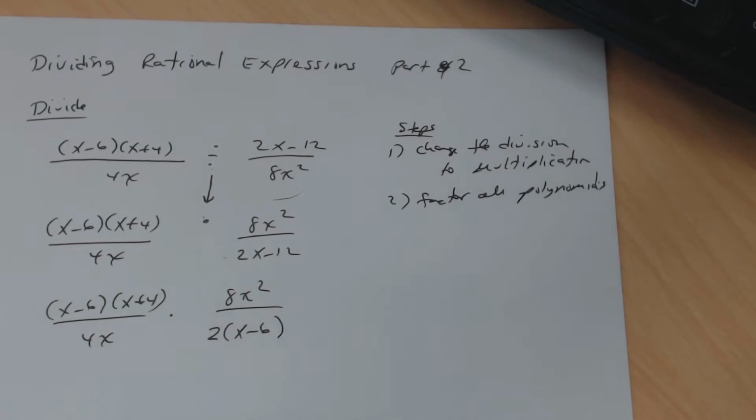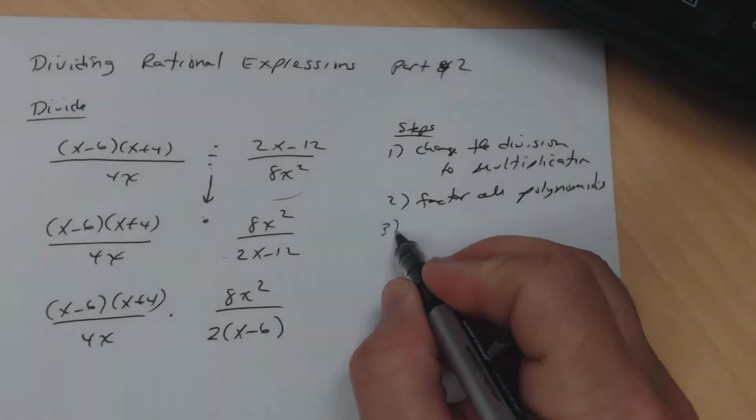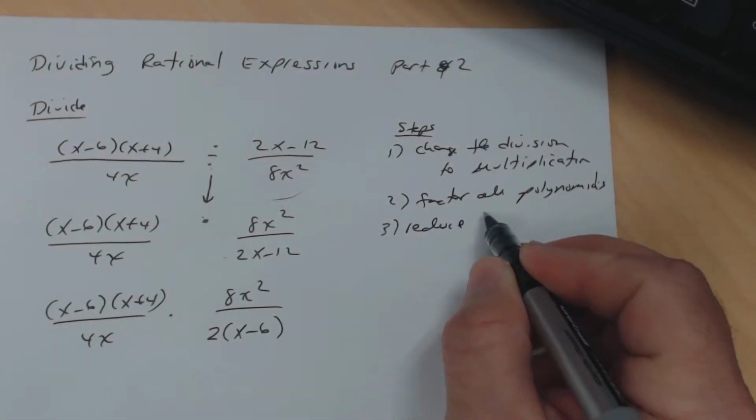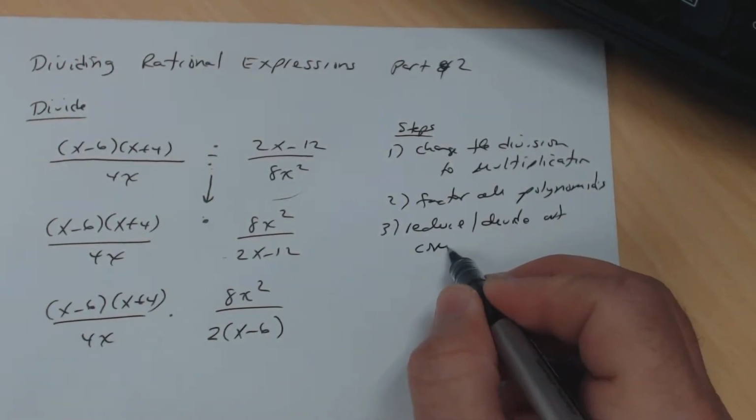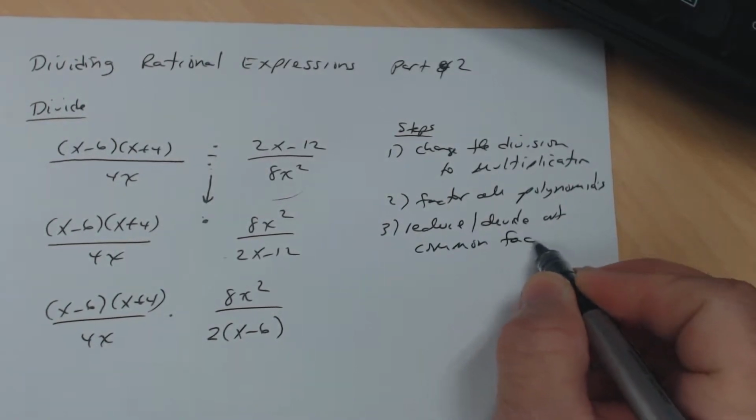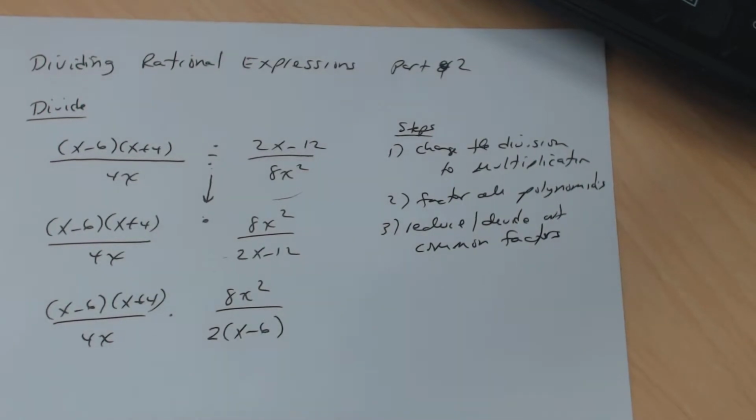Now let's start talking about step 3, which is to reduce, or divide out, common factors. The first factor you see is an x minus 6, and there's a factor x minus 6 in the denominator.